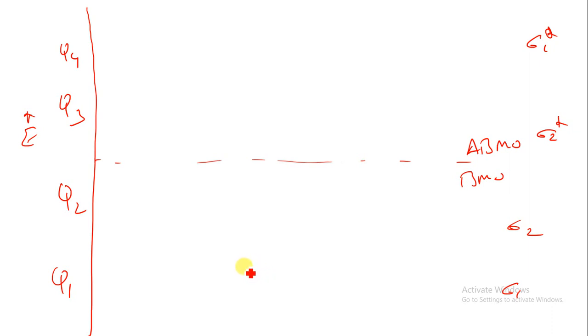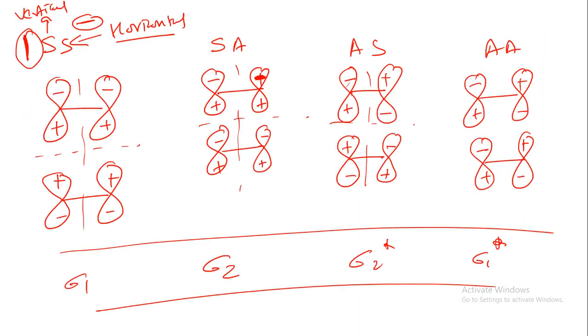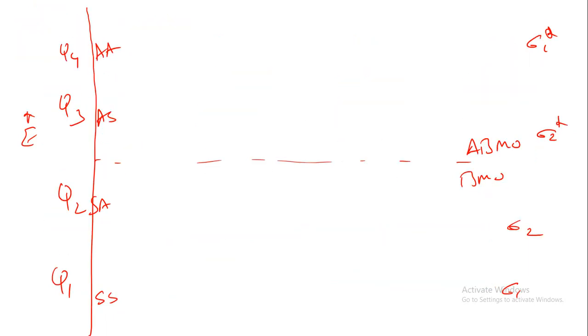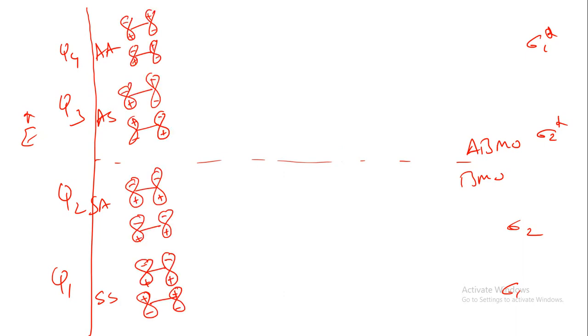Now we have to write SS, SA, AS and AA. I just have to copy this here, so you can write directly from here. Now this is SS, SA, AS and AA.